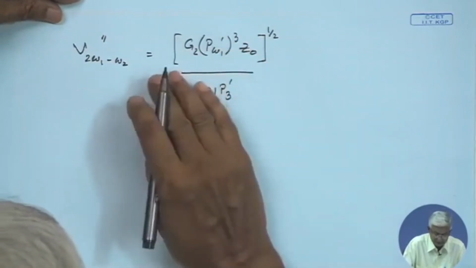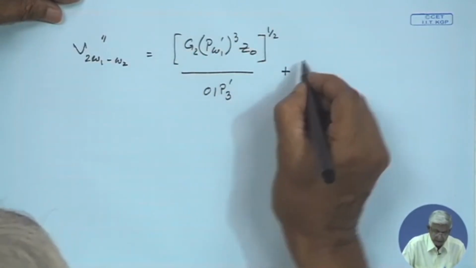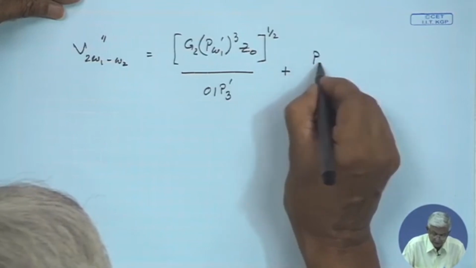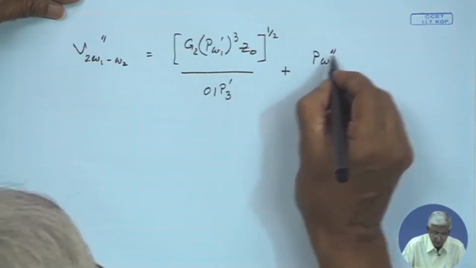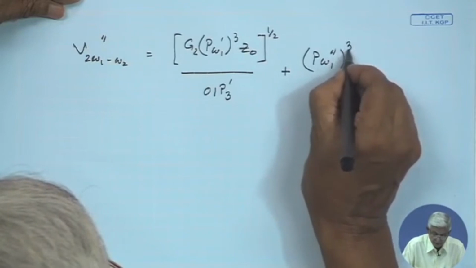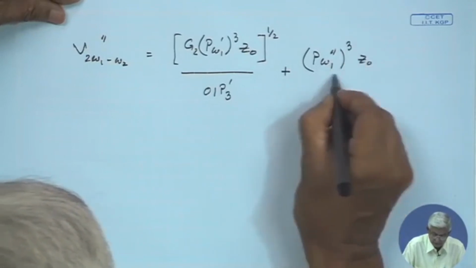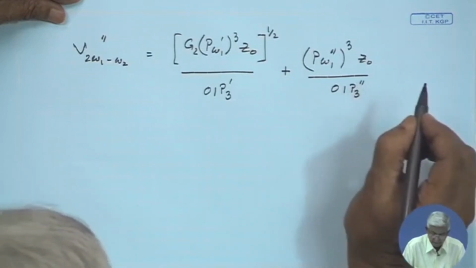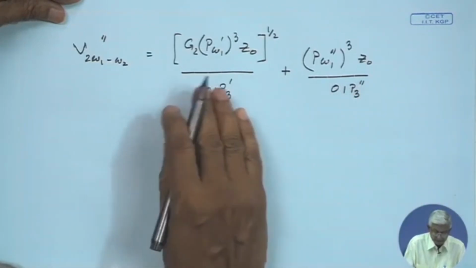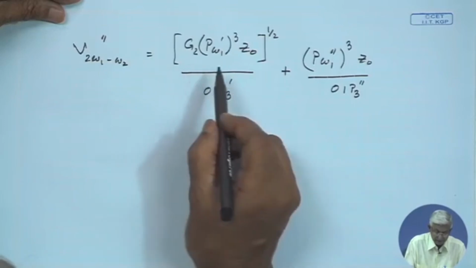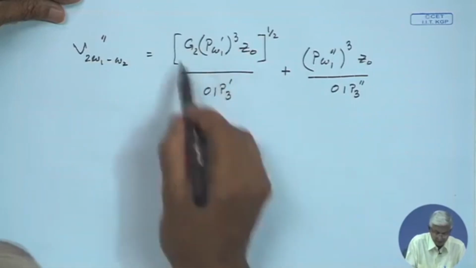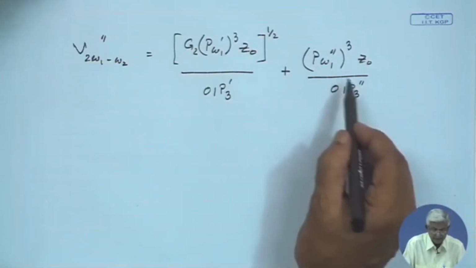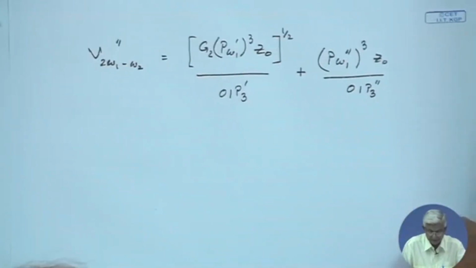The first stage gets amplified, and the second stage distortion is P omega 1 double prime whole cube into Z naught by OIP3 double prime. So, the first stage output is multiplied with the gain of the second stage, and the second stage distortion is added to this voltage.